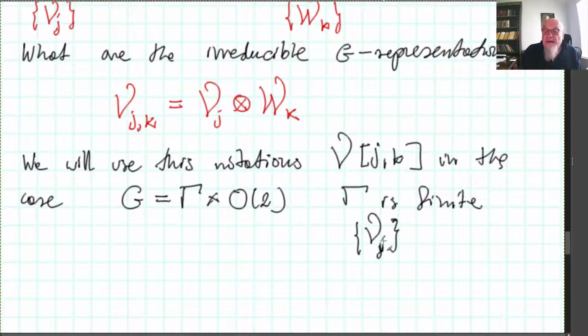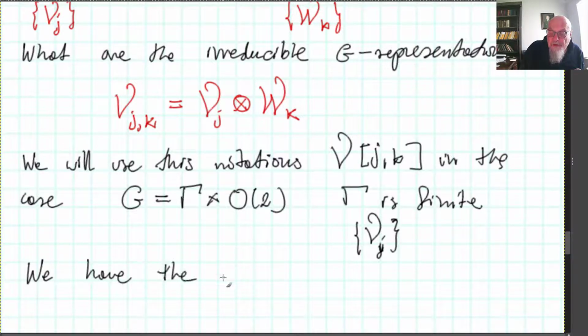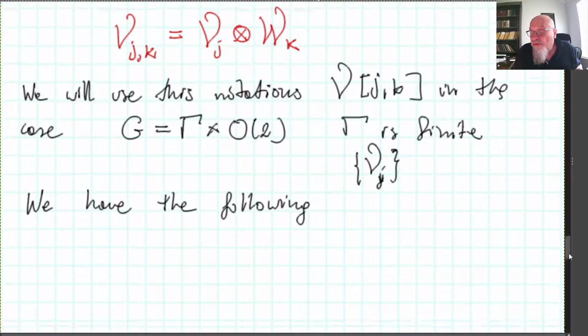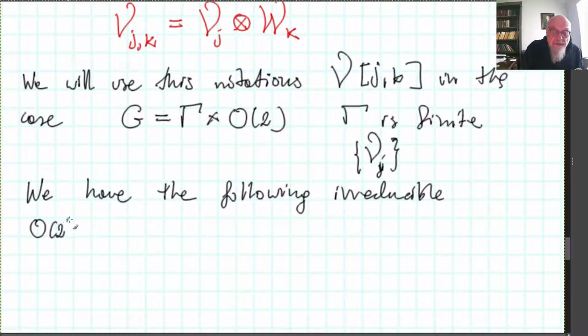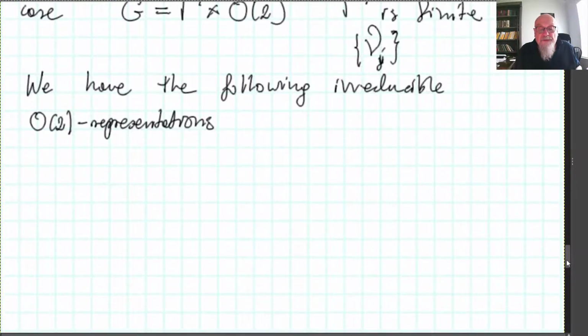But in the case of O2, which is clearly an infinite group, we have infinitely many of the following irreducible O2 representations, namely, so let me write.